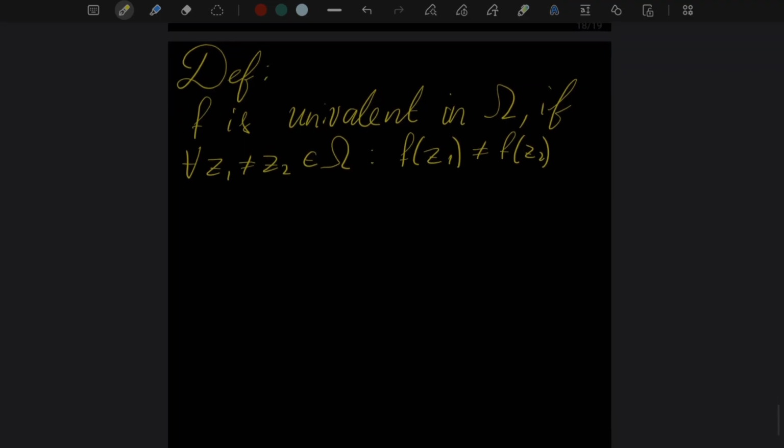And now I would like to state the Riemann theorem. We will prove it at the end of the course, and it is just incredible.